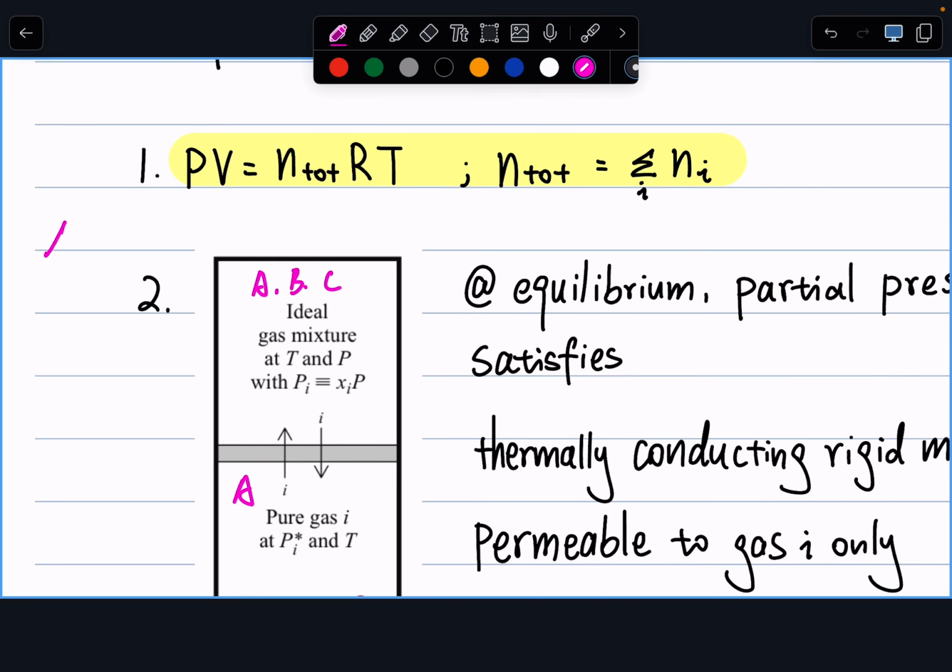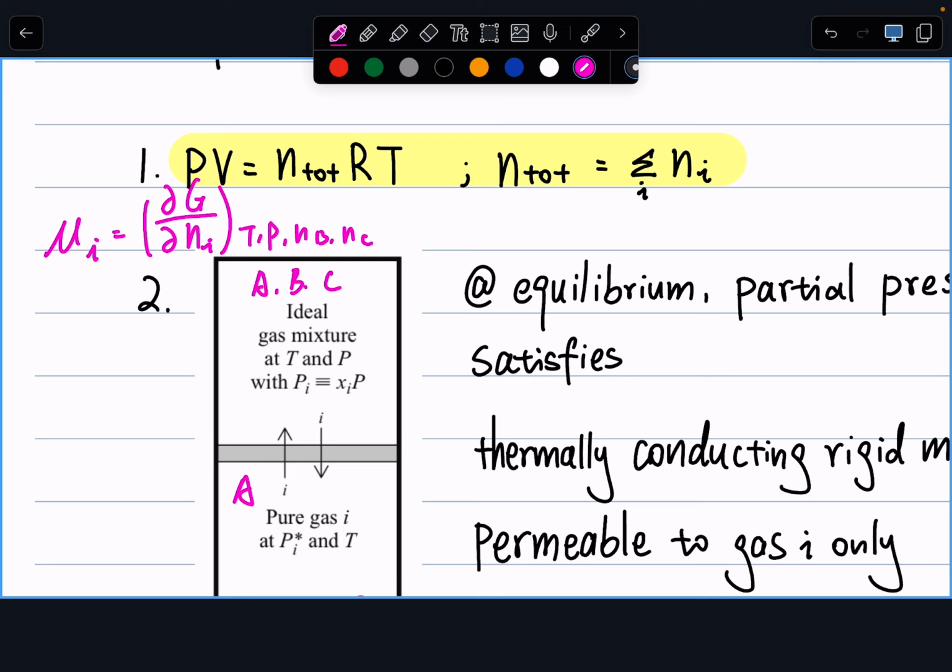Thinking about chemical potential as a function, for the mixture we know that the chemical potential of species A, or any species of this one-phase system, is the partial derivative of G with respect to the number of moles of that species, while temperature, pressure, and the number of moles of B and C are kept constant.